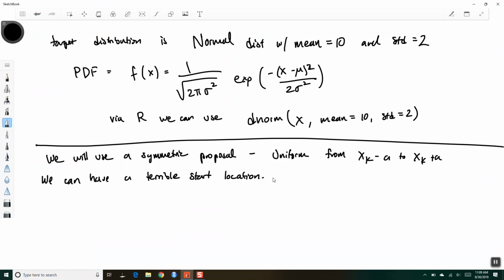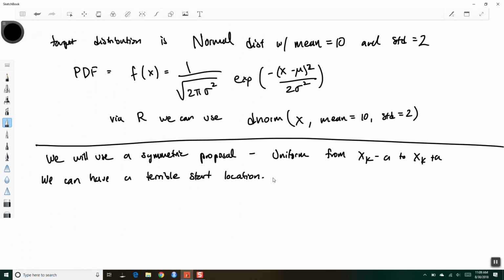So let's say we started off at positive 50. In real life, we should never get values of positive 50 from this random normal distribution, right? But we're just going to start our chain at positive 50. And let's say our uniform proposal will go plus or minus 3.